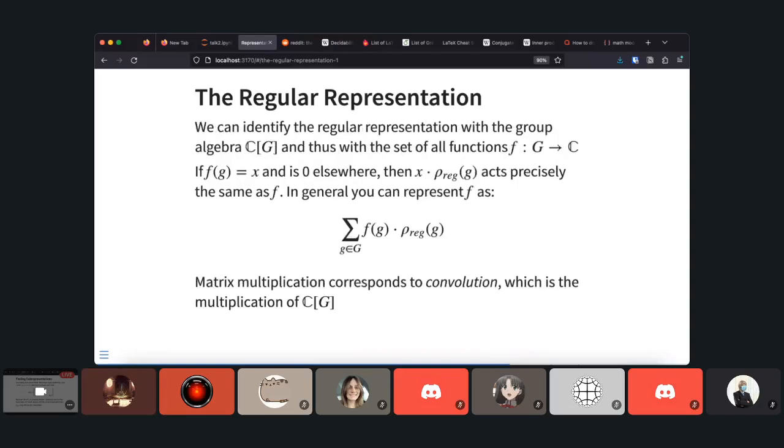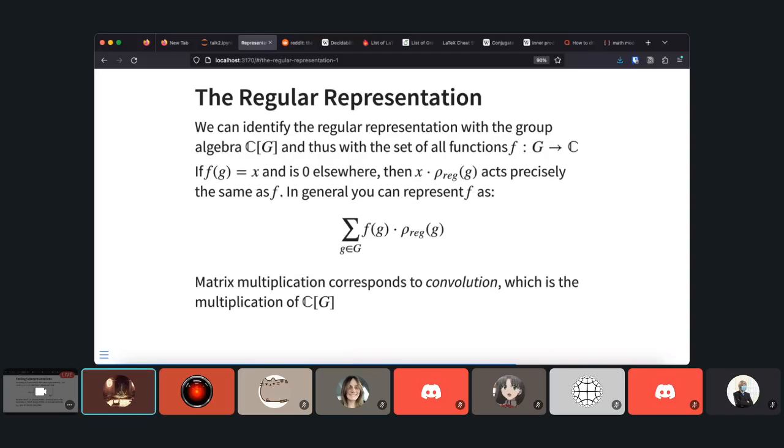If you sum a bunch of these up, it would end up being a big hairy matrix. But this acts precisely the same as a function on the group G. So f of g is just a scalar, and it's scalar multiplication times the matrix, regular rho of g. You get these matrices, and you can add them, and you can subtract them, and then you can also do convolution, which you can just do by matrix multiplication, and it's great.